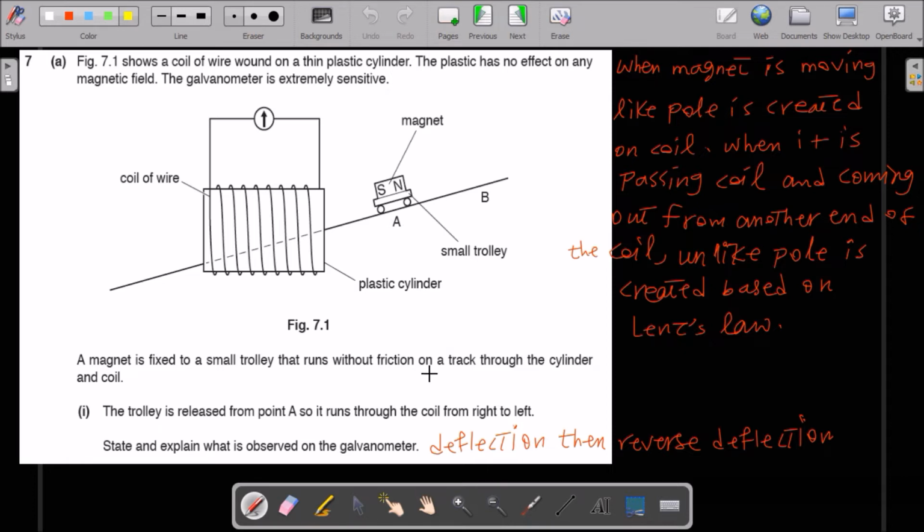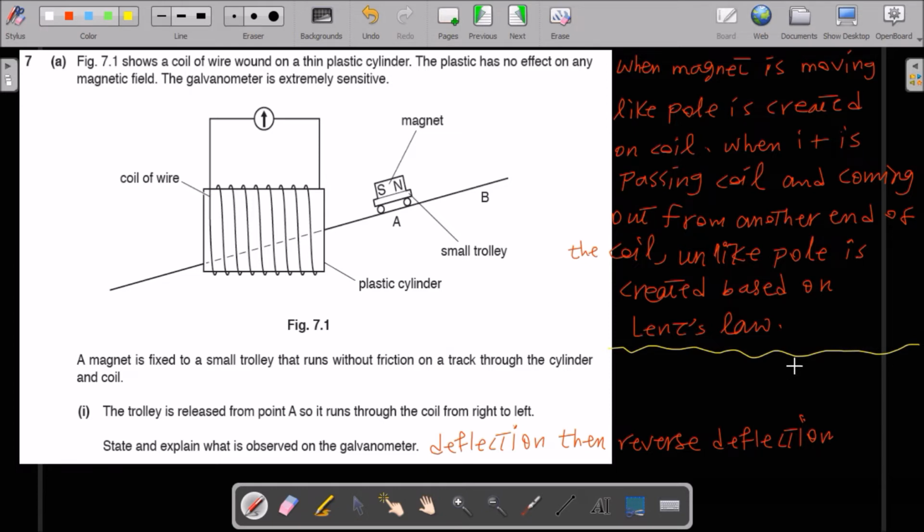Okay, first of all, I wrote the reason for that. You don't need to write it in the exam, so this part is extra. Your answer will be only deflection, then reverse deflection. So why? When the magnet is moving towards the coil, a like pole is created on the coil.